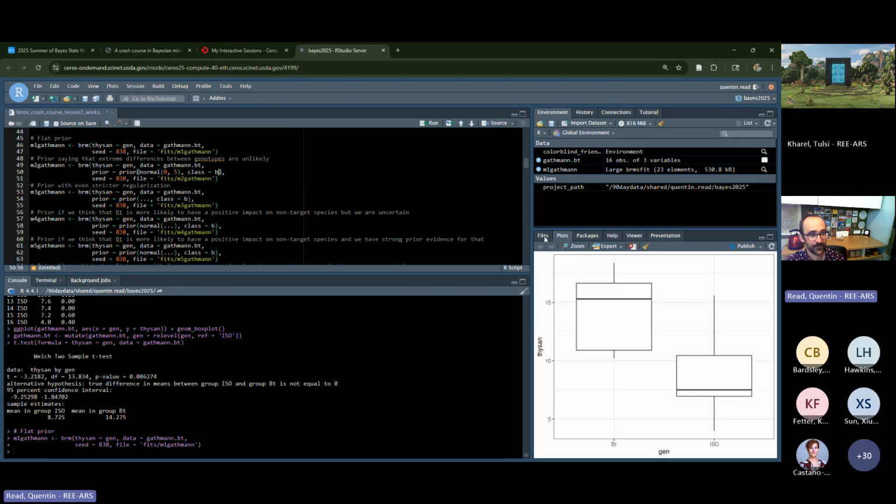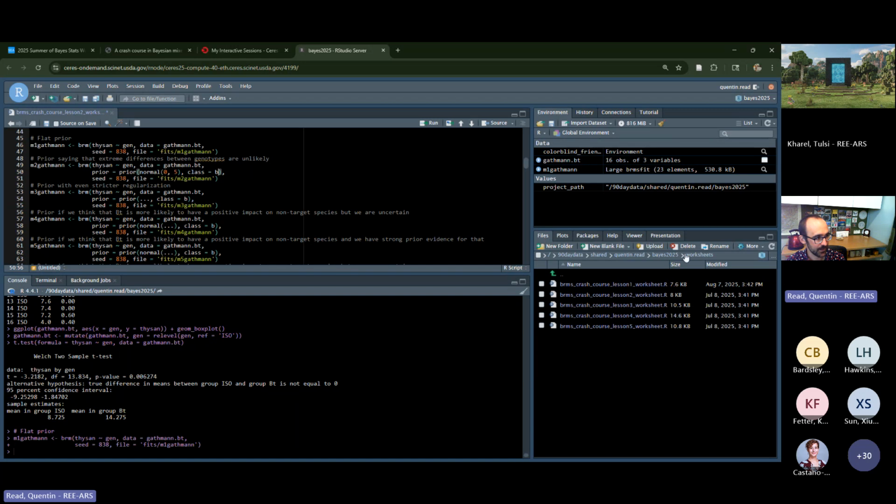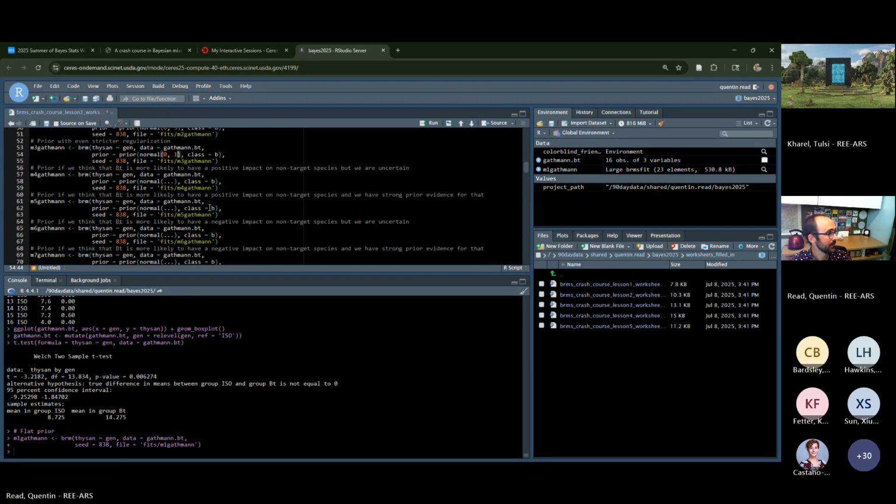Oh, and remember, if you don't want to type all this in or get stuck, you can always go to the worksheets that are already filled in, and you can find all of this already typed in. Again, I recommend typing it in. And then we'll do normal 0, 1. That's the third model. It's very tight regularization. We're saying large effects are not very likely.